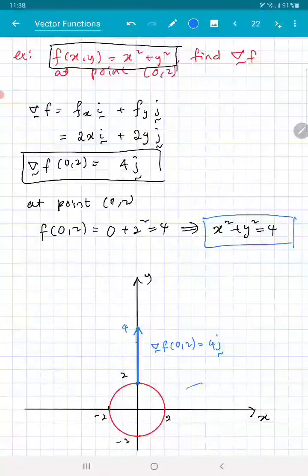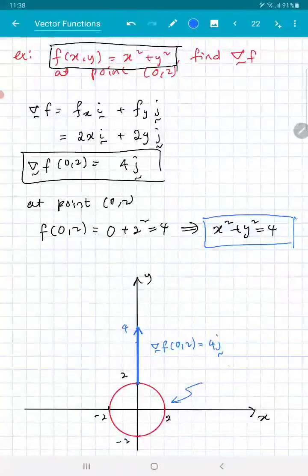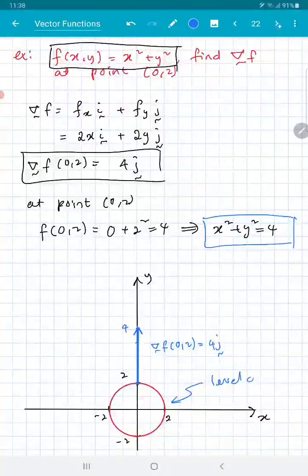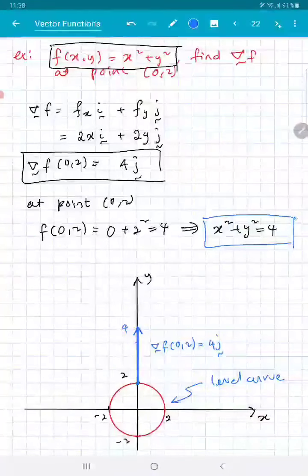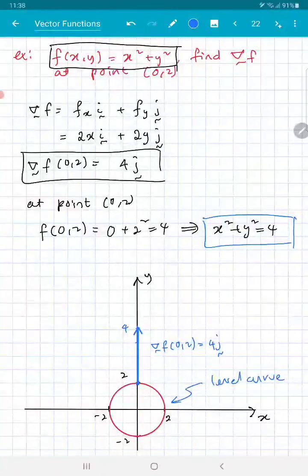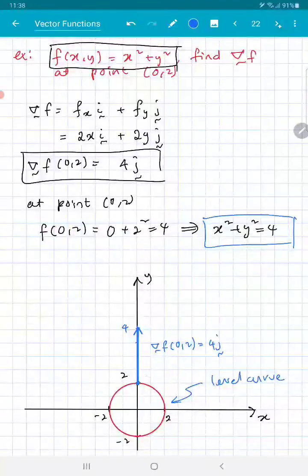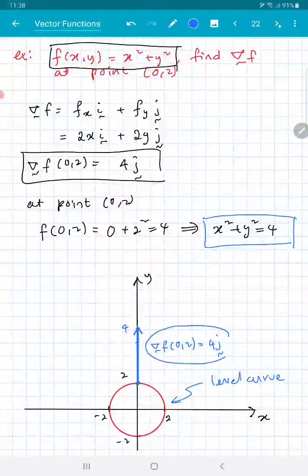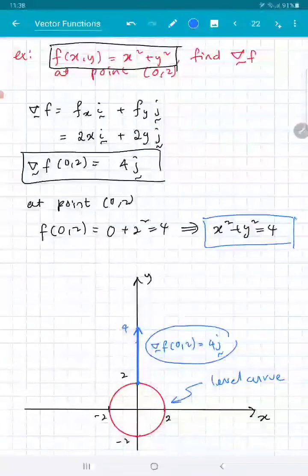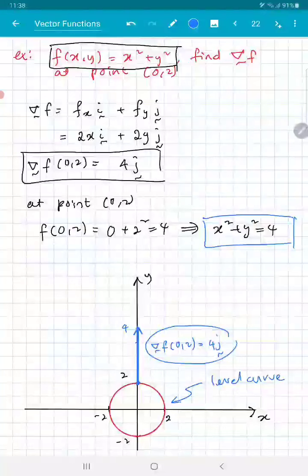This is what we call, from chapter 1, a level curve, shown in red. At point 0, 2, we have this point here. The gradient of f at point 0, 2 represents the normal vector to the level curve at this point.